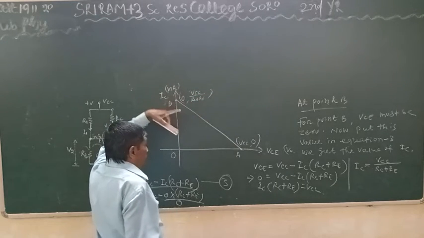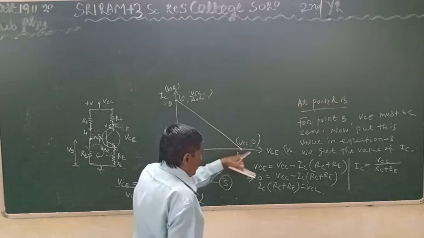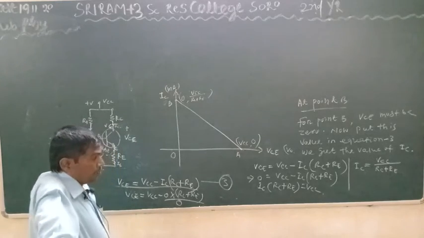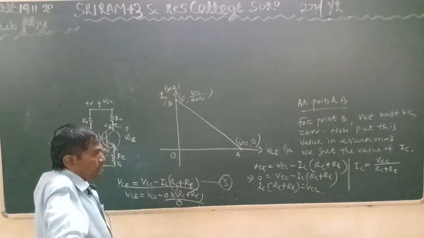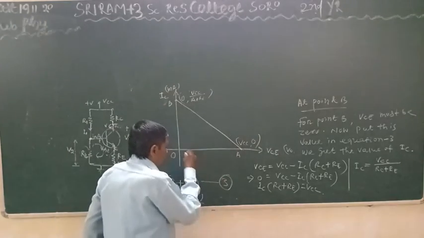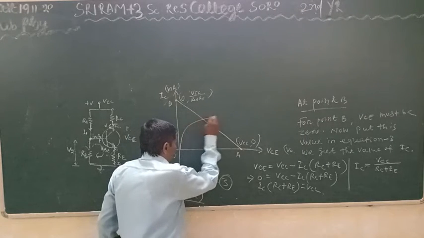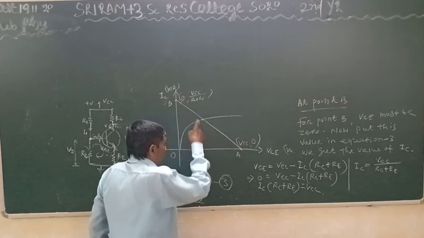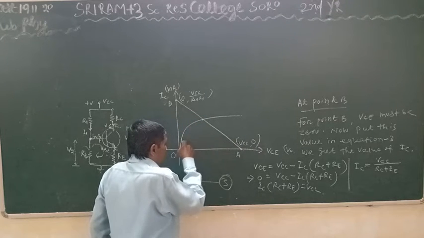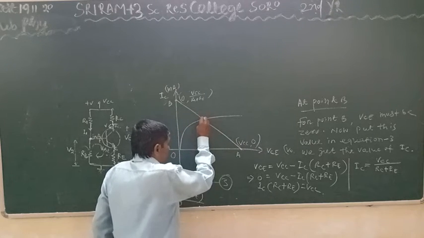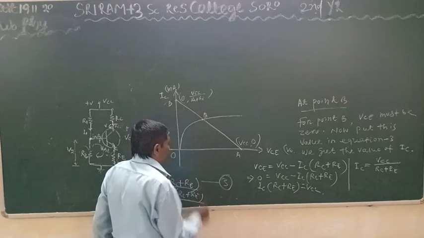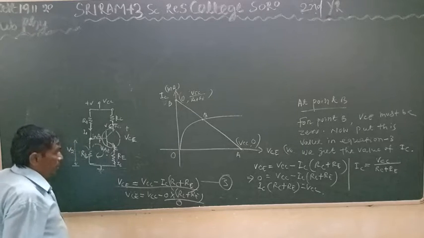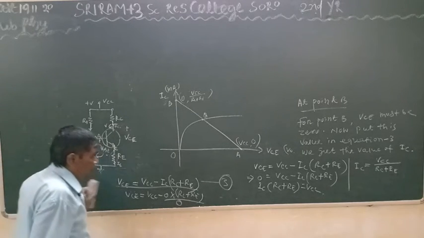This is point B and this is point A. Now we draw the characteristics curve of the transistor. This is the intersection point of a DC load line and a characteristics curve. This point is known as Q. So we write this operating point.